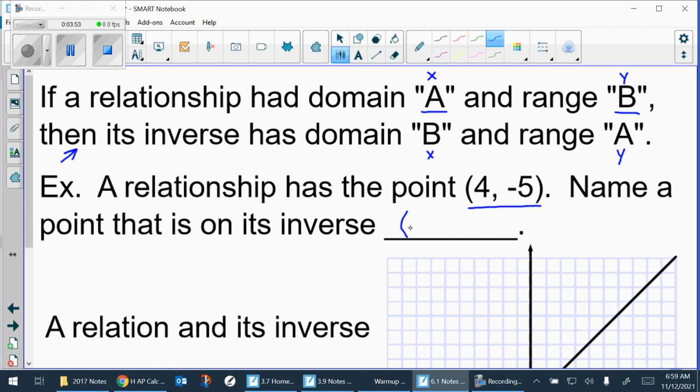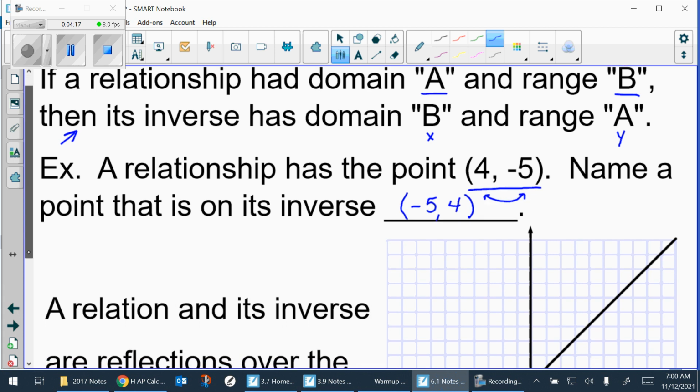So a point that's on the inverse would be -5, 4. So anytime I'm asked to graph the inverse of a function or of any kind of a relationship, what I'm going to do is I'm just going to switch the x's and y's, and I'm going to plot those points. And then I will be plotting the inverse.